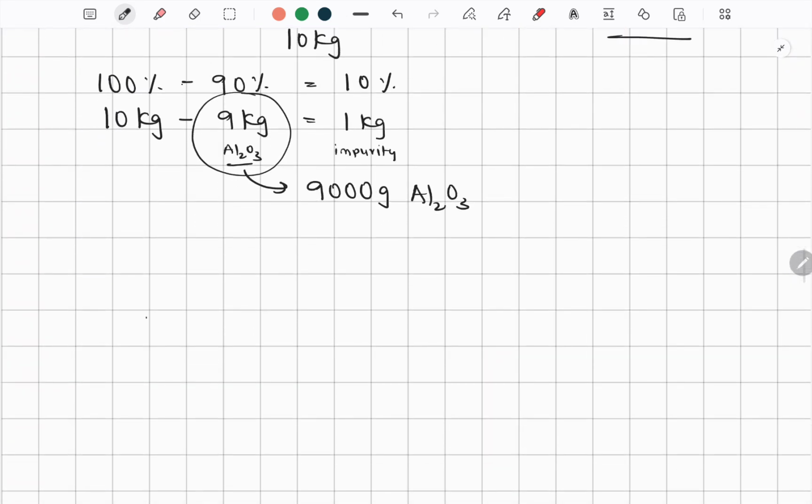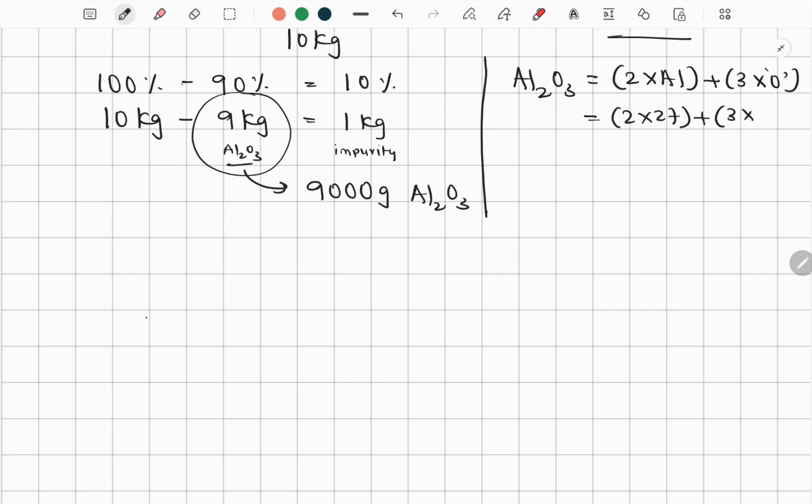Perfect. Now let's calculate the molecular weight of Al2O3. The molecular weight of Al2O3 is going to be 2 into Al plus 3 into oxygen. So 2 into 27 plus 3 into 16. When you solve this, you get 54 plus 48, which is equal to 102 gram. So the molecular weight of Al2O3 is 102 gram.